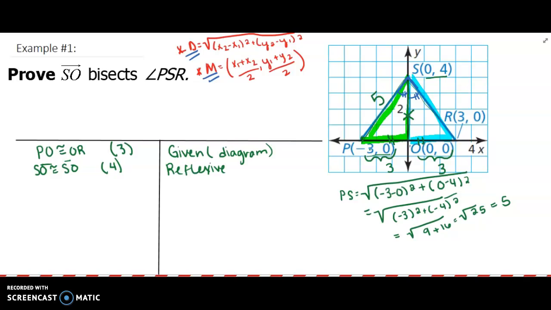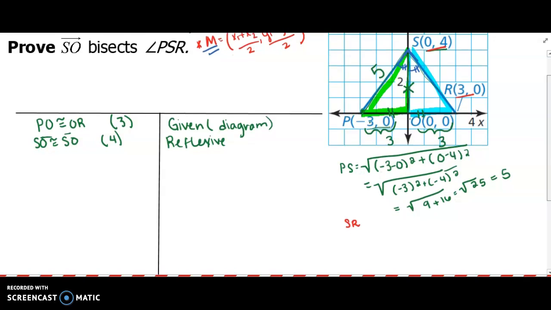Okay, and then I'm going to do the same thing for SR. So I'm going to use 0, 4 and 3, 0. So SR, let me scroll down a little bit.